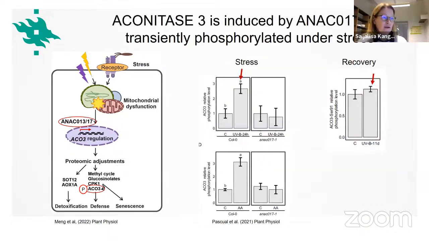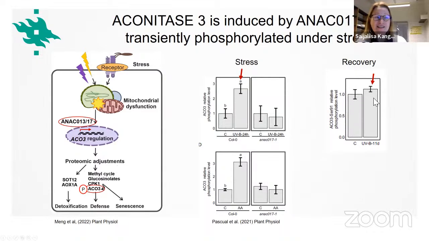And then we also followed the phosphorylation level of the aconitase 3, both 24 hours after the stress and 11 days after the stress. And here you can see, note the scale, here is 1, while here is 3.